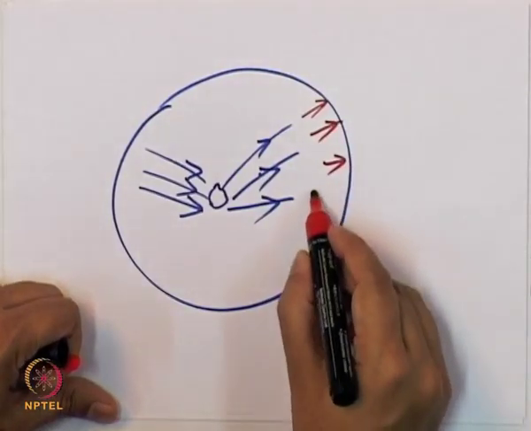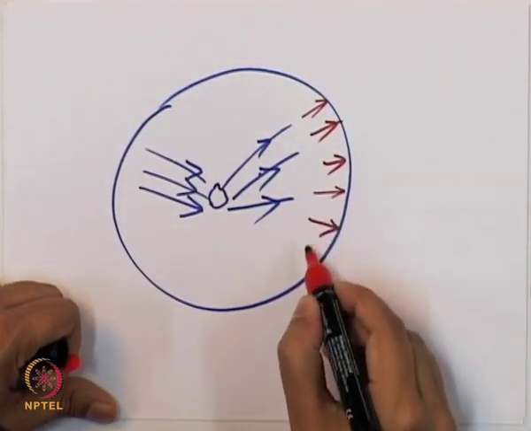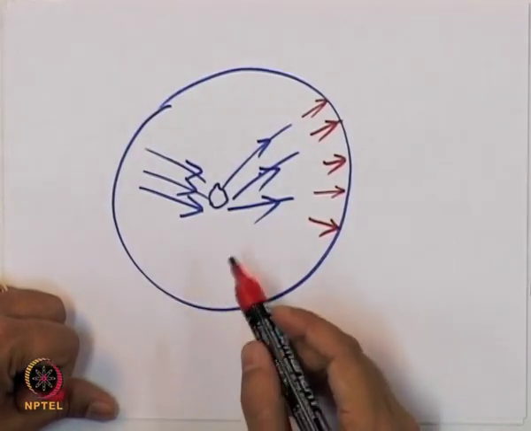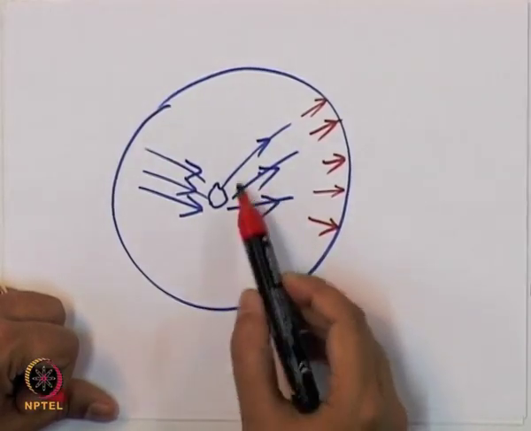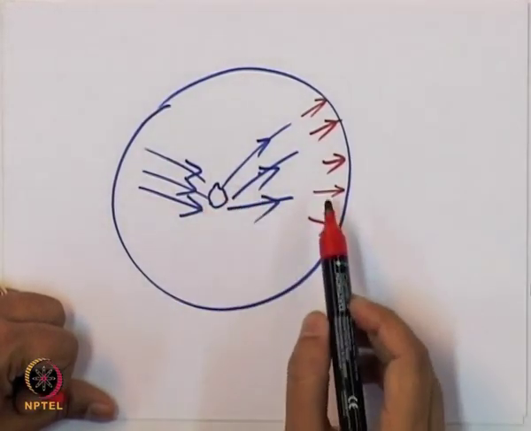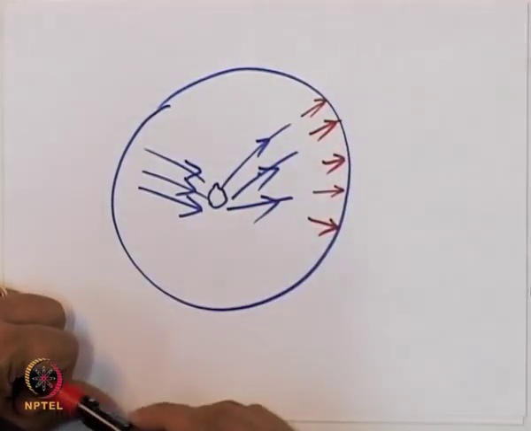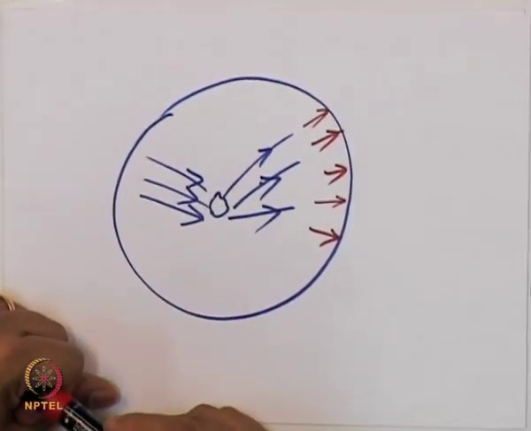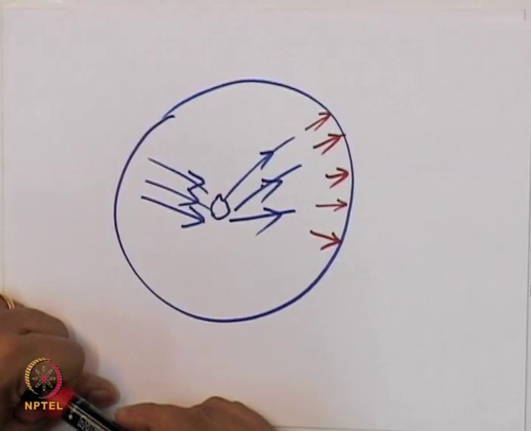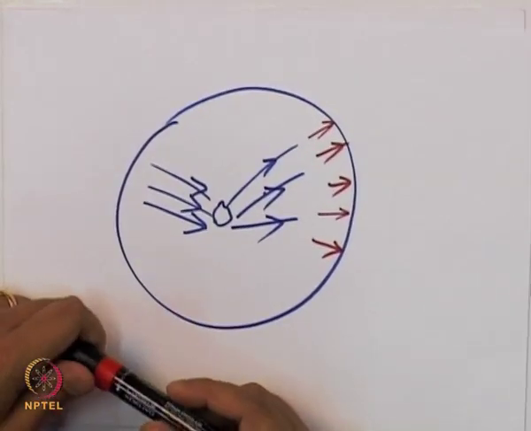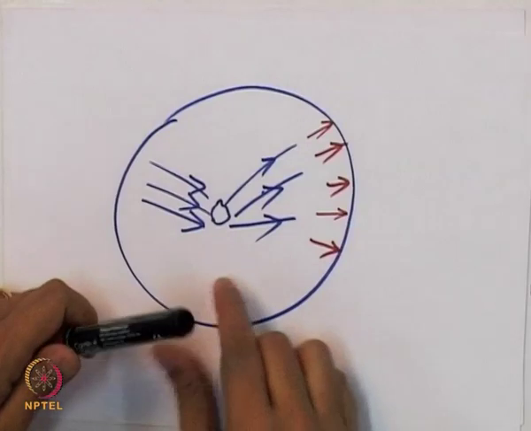Ideally you want them to be normal in all directions, which is not possible for most applications, because we can't always keep a source at the middle, or we can't predict the way in which the wave is coming.